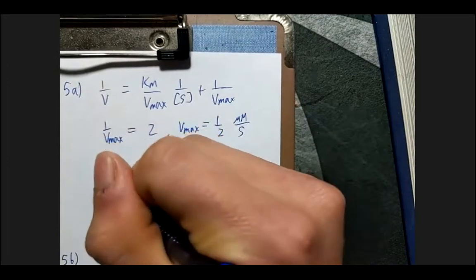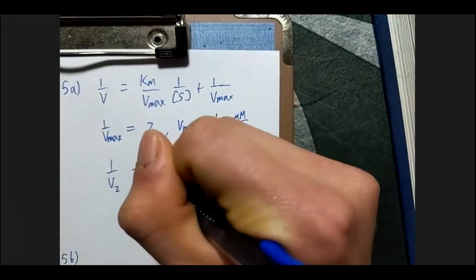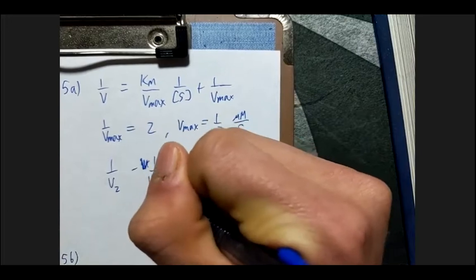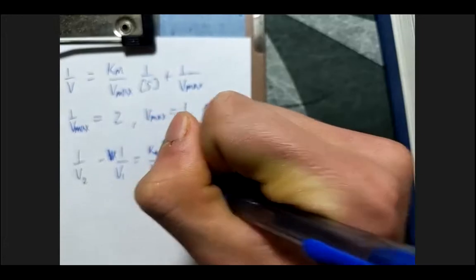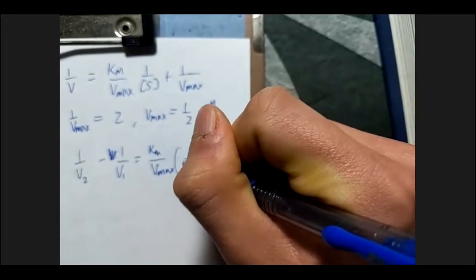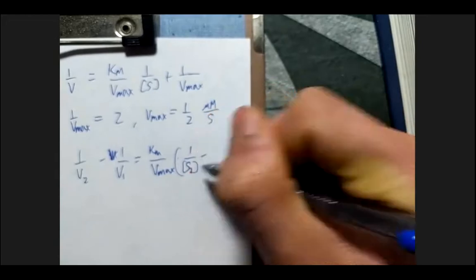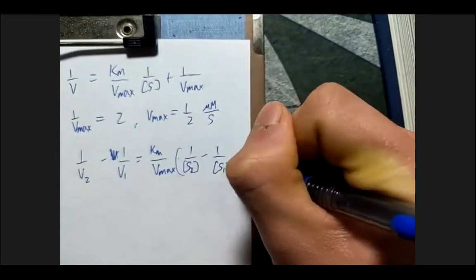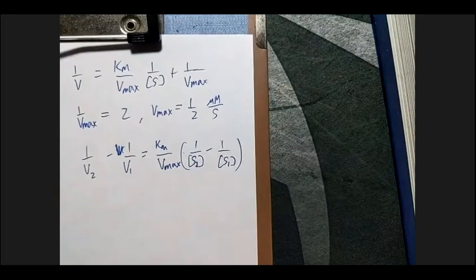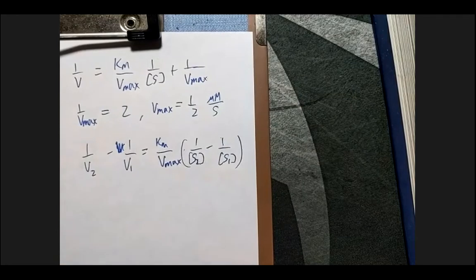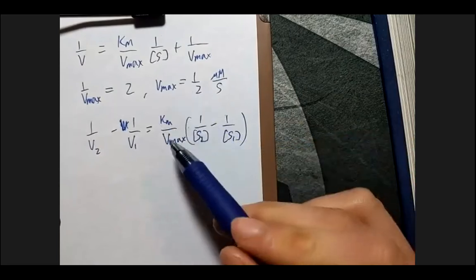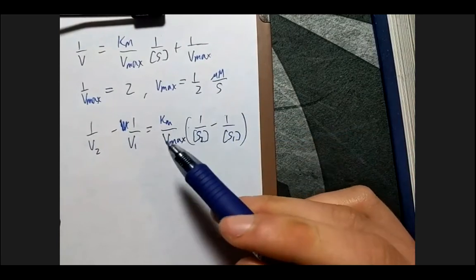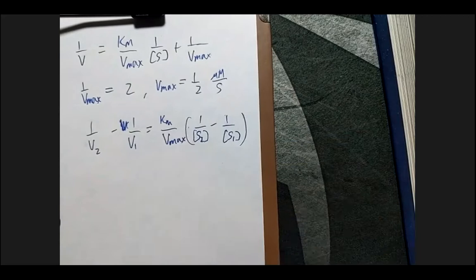So you'll have 1 over v2 minus 1 over v1 is equal to Km over Vmax. You'll get a relation where the y-intercept is no longer there, and you'll be able to figure out the slope from this, or Km over Vmax. When you find Km over Vmax, you already know what Vmax is, and you can just solve for Km. Then you can do this for the no drug case and drug Y case.